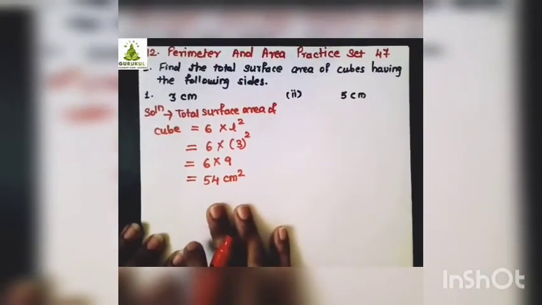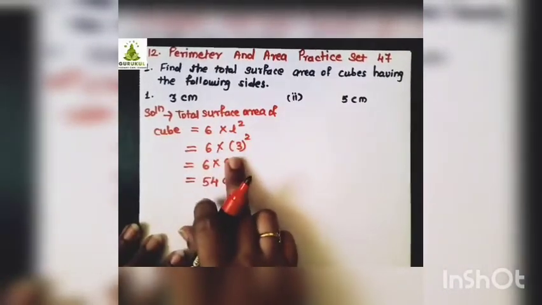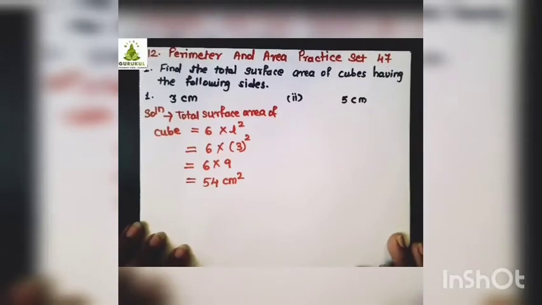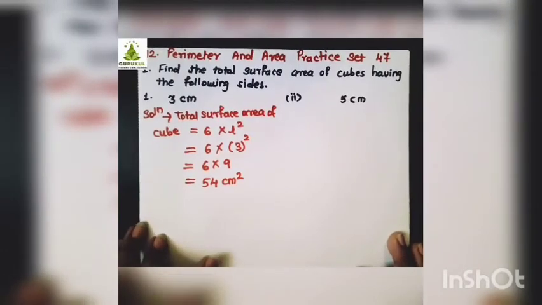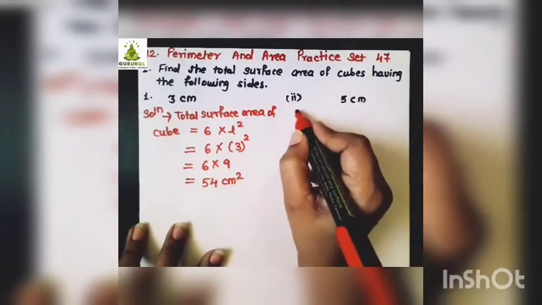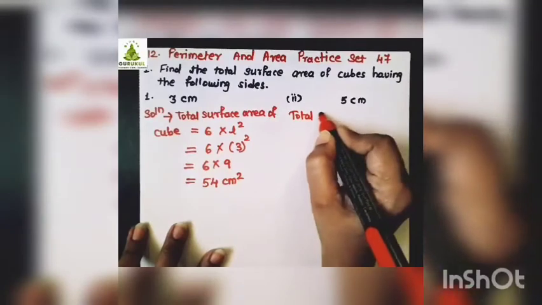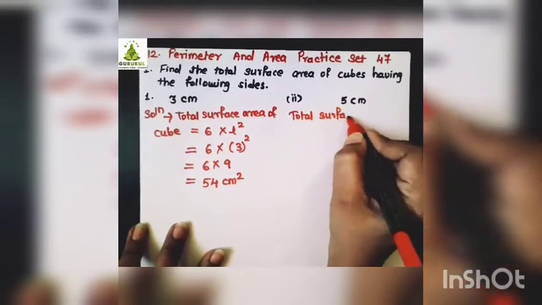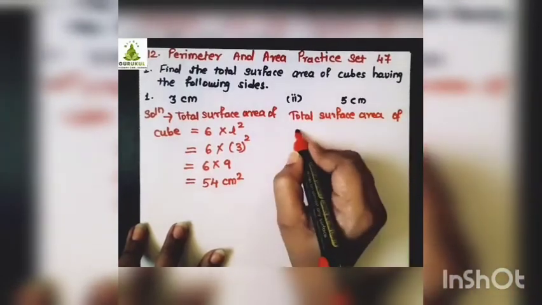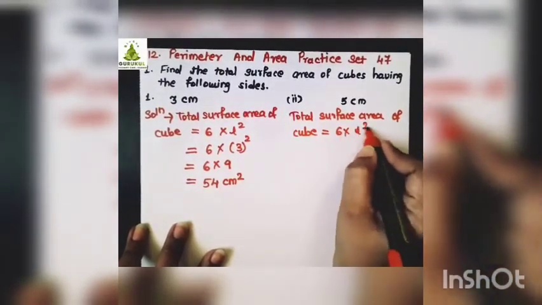So very simple, children. What we have done is we have written the formula, then substituted the value and found the answer. That's it. These sums don't have any twist. Simply we have to solve. In the second one, same way, we'll write down total surface area of cube is equal to 6 into L square.